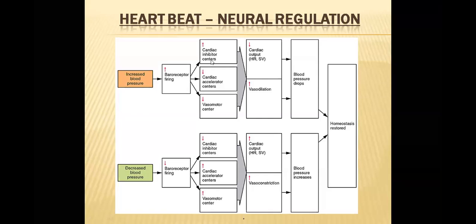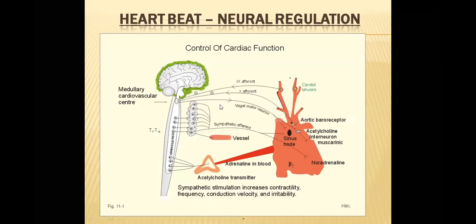When BP is increased, the cardiac inhibitory center will be activated. When BP is decreased, the cardiac acceleratory center and vasomotor center. The vasomotor center is related to the increase or decrease of the blood vessel lumen or blood vessel volume. So through these two types of mechanism, homeostasis will be made possible.